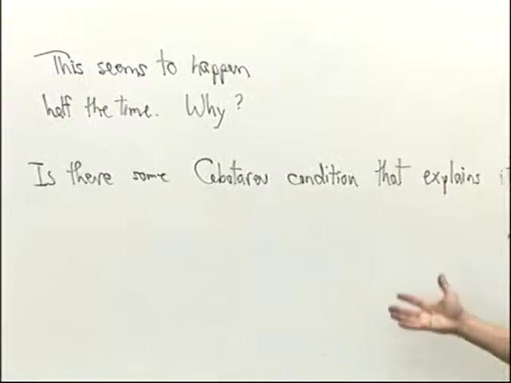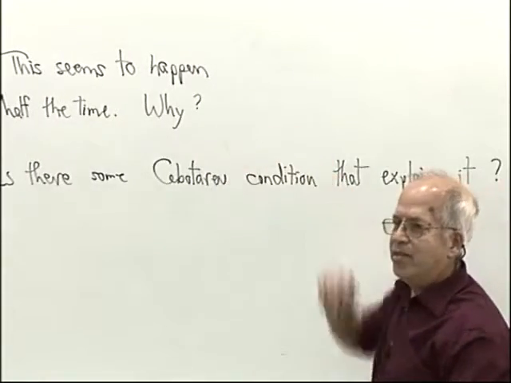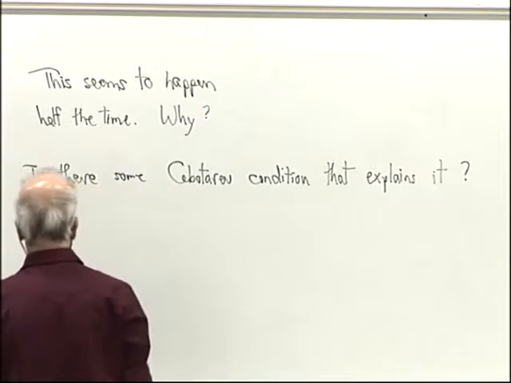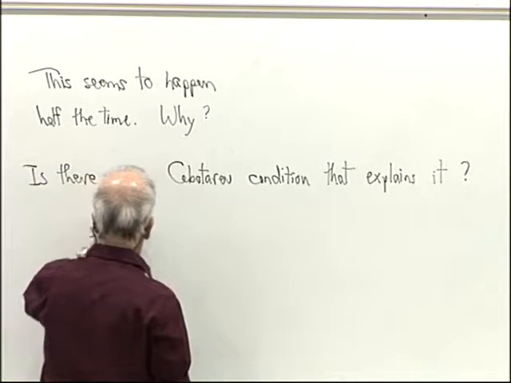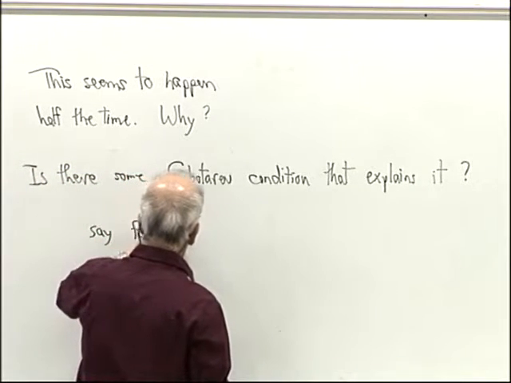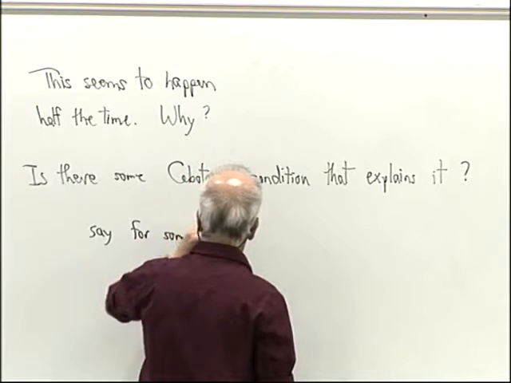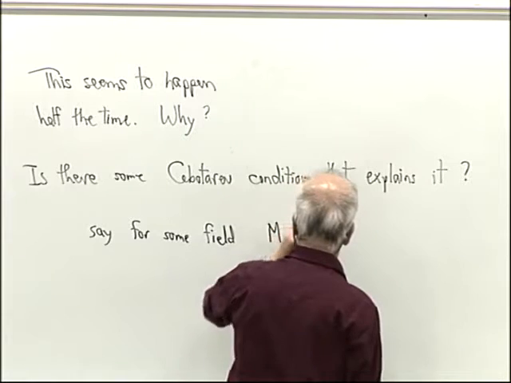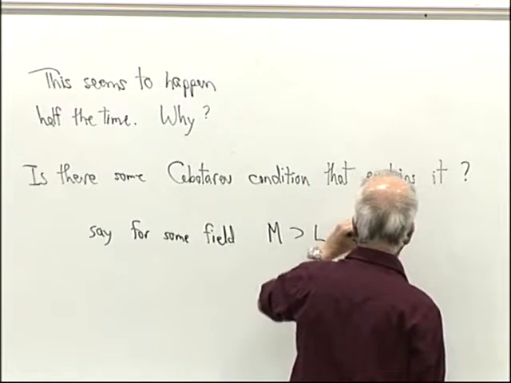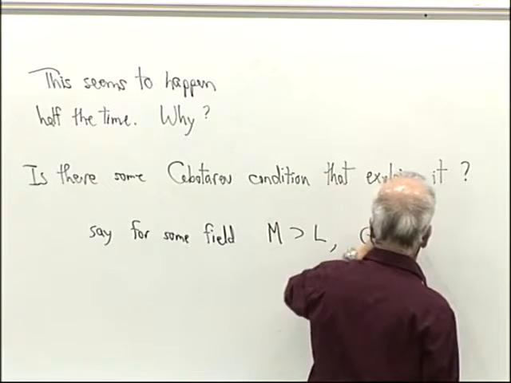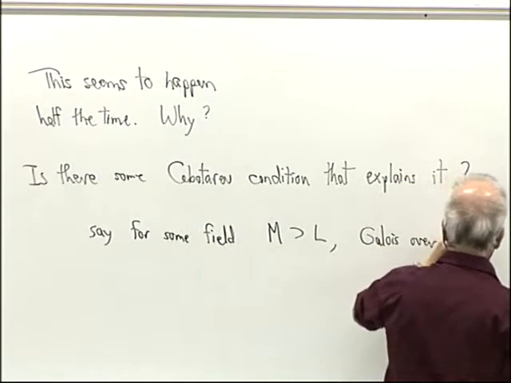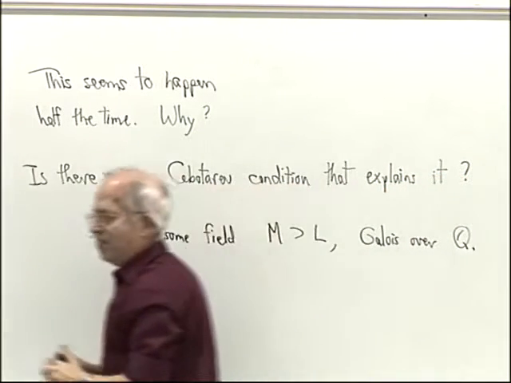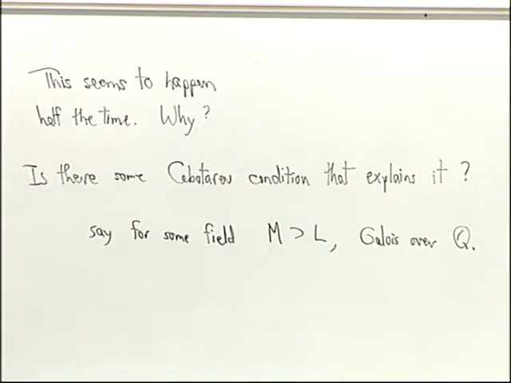And so in particular, this would depend on choosing some extension of L, say, for some field M containing L, Galois over Q. And we can do experiments that rule out lots of obvious guesses for what M could be.